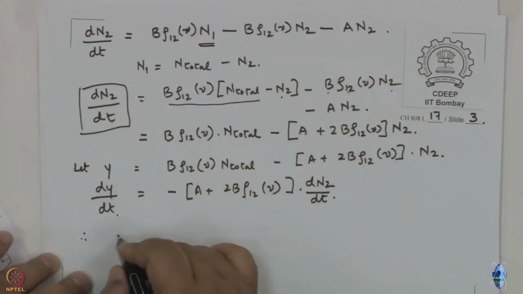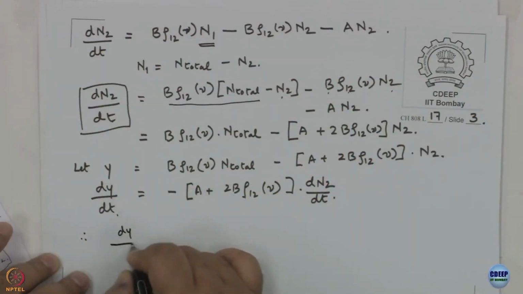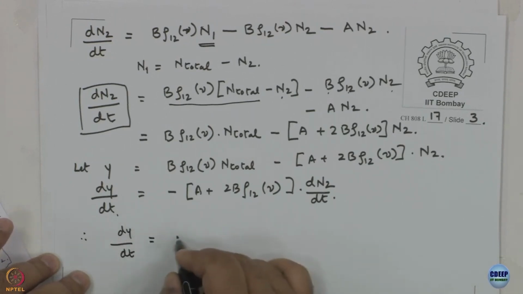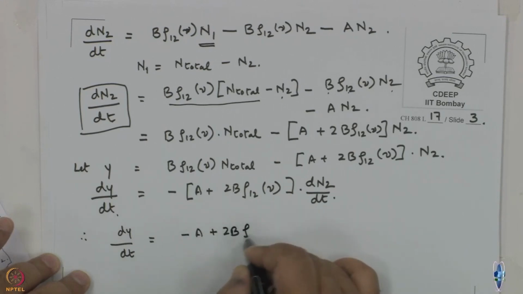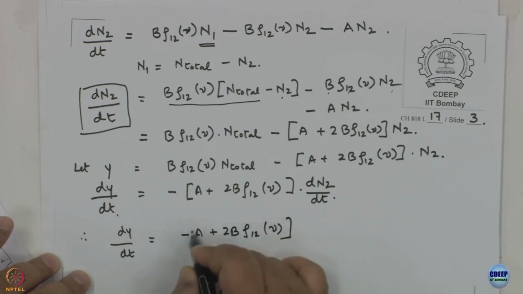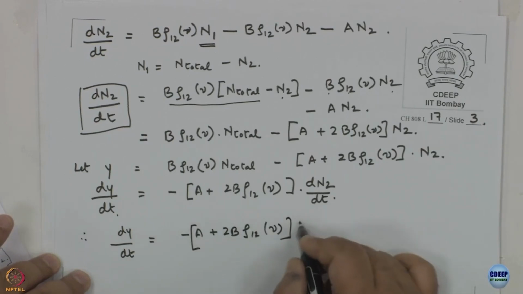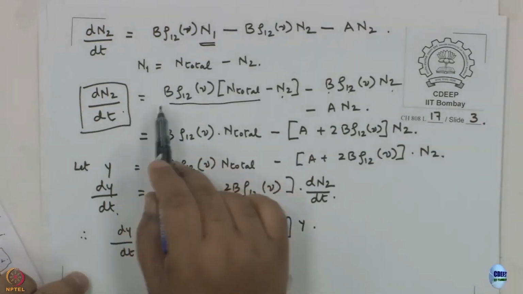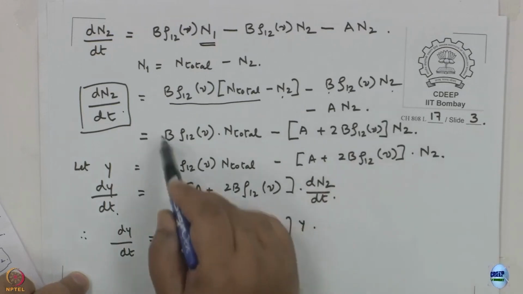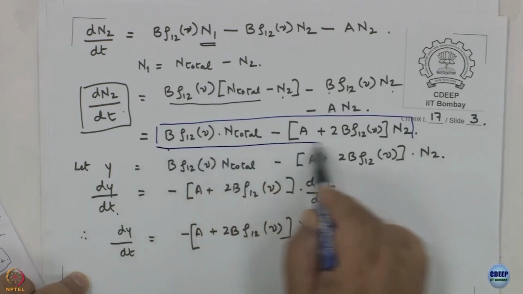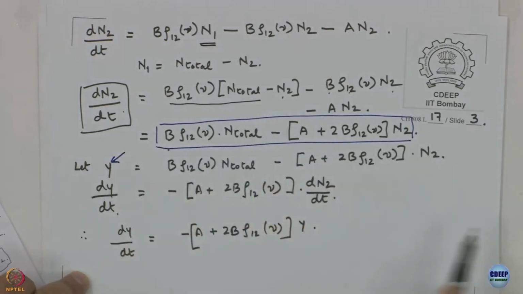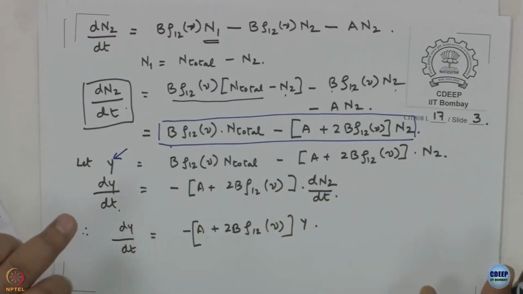Therefore, I can write like this, dy dt is equal to minus a plus 2b rho 1 2 nu into y. This is the dN2 dt equation. This one, I have set this whole thing to be y. Is that right?